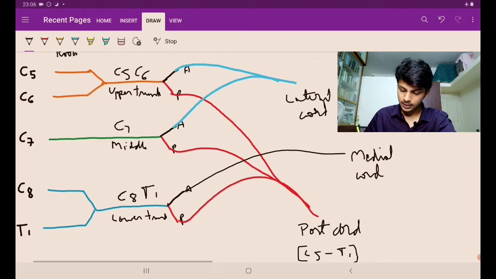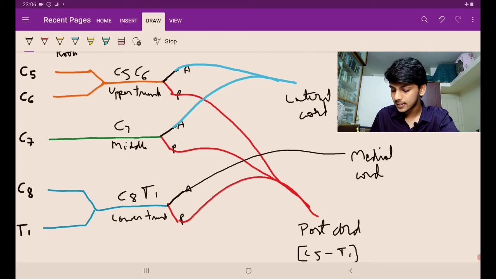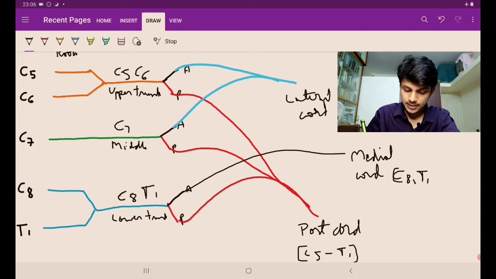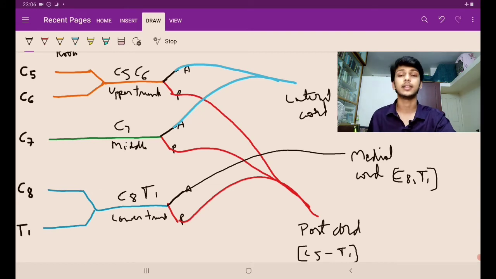Then see the medial cord. What will be the root value? In most cases it will be C8 and T1. Then there is the lateral cord. The lateral cord has contributions from C5, C6, C7, but it can be differential to different muscles. We'll be studying that.